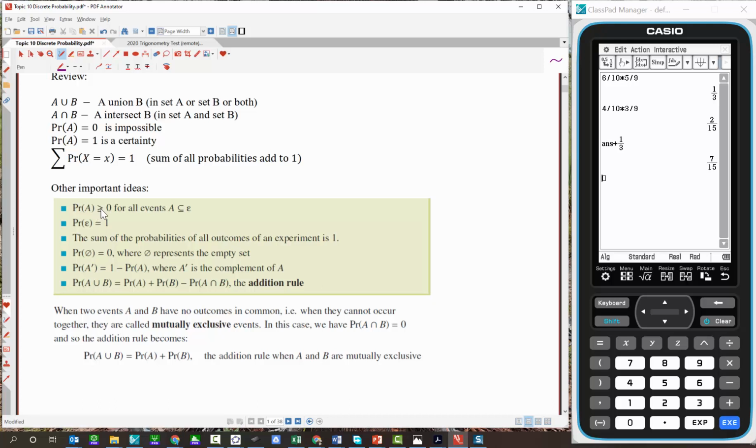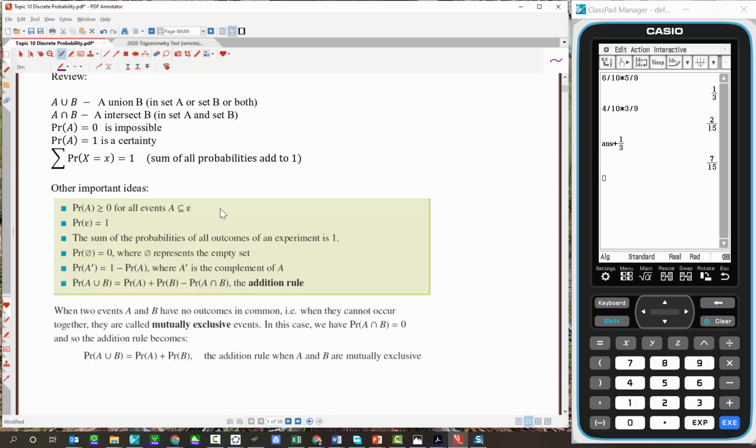Now this again goes through a couple of little bits and pieces. The probability of A is greater than or equal to 0 for all events where A is a subset of the sample space. What that basically is saying is the probability of things that we're looking at will be greater than or equal to 0 when it's a subset of all of the sample space.